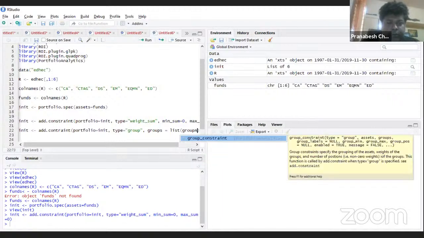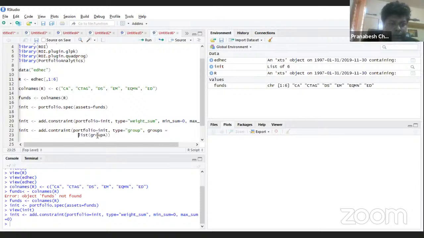The first group, list group A. Now for list group A we have to give the expected values, 1, 2, 3, let's say 4.